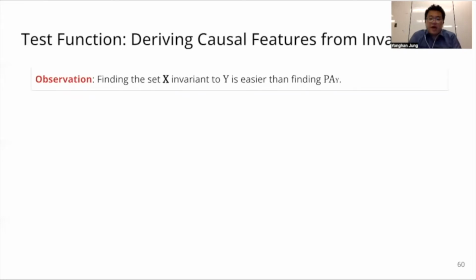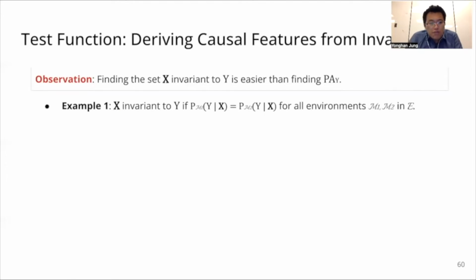We first observe that finding an invariant set X is much easier than finding the causal features. For example, if we have a good conditional probability estimator, we can find the set that is invariant to Y by checking this for all environments.